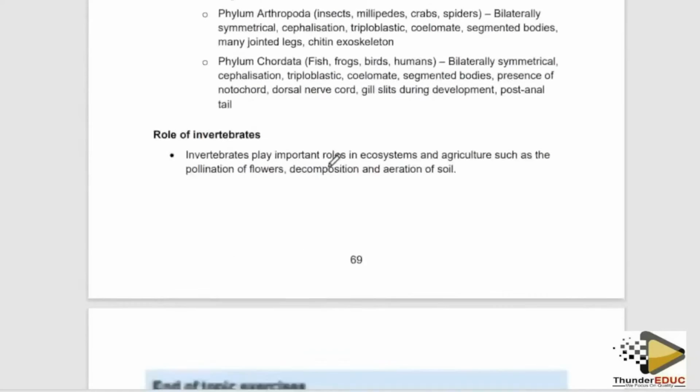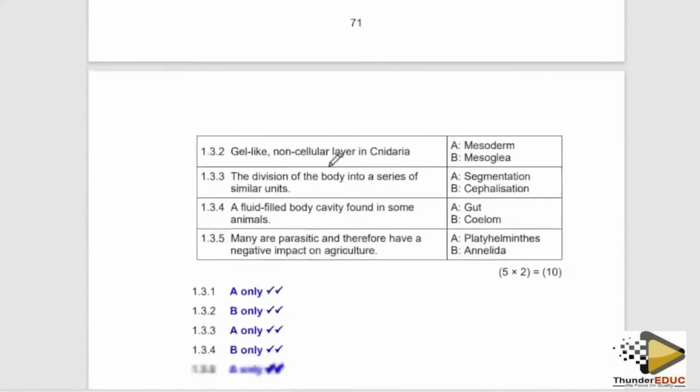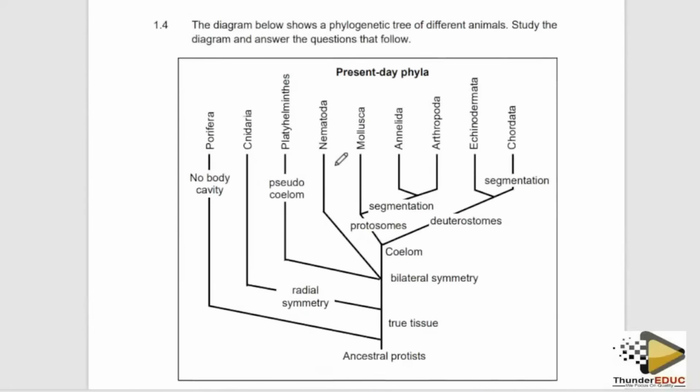Let me show you what we like. You see now, this question. I told you that sometimes we bring the question concerning this, the phylogenetic tree in plant diversity or in animal diversity. So, it's the same thing.